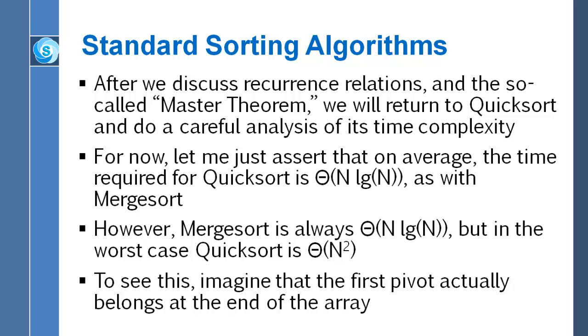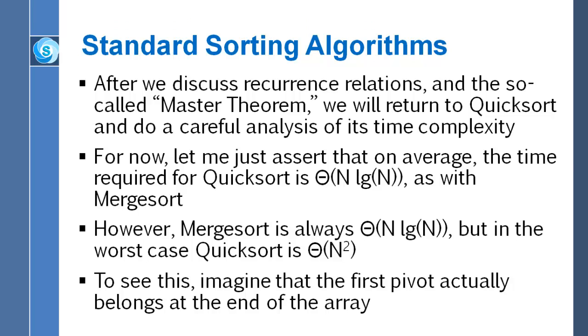It's not too hard to see what can go wrong here. Quicksort, as I said, tends to be a little bit faster than Mergesort. But it is not so clear how many levels of recursion it will require.